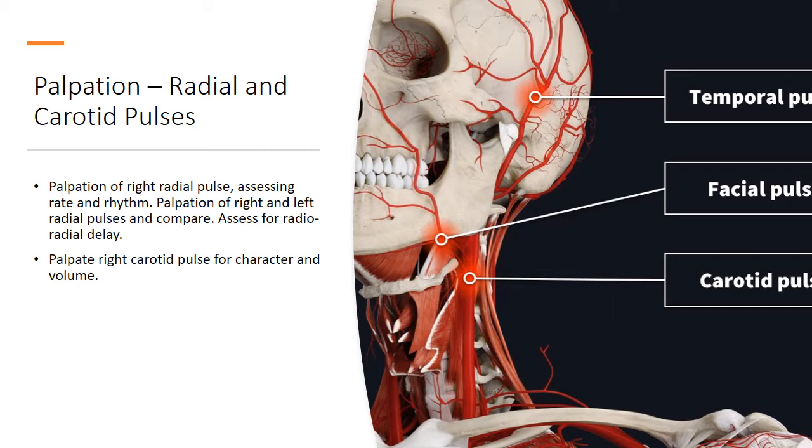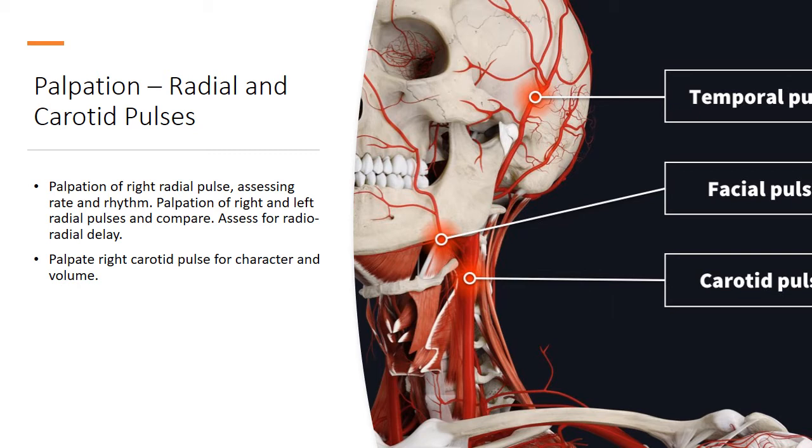So we would expect to be able to palpate both the left and right radial pulses occurring simultaneously. Now if they split, so we feel the left one first and then the right one shortly afterwards, that can be as a result of narrowing of the aorta, which is most commonly associated with what's called coarctation of the aorta. Now this is a congenital malformation of the aorta.